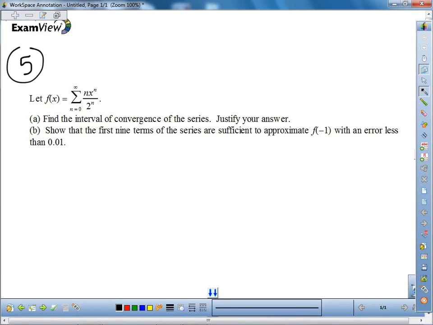For number 5, we're going to find the interval of convergence for the series. So in order to do that, we're going to use the ratio test. We're going to have the limit as n goes to infinity of (n plus 1) x to the n plus 1 over 2 to the n plus 1 times the reciprocal.